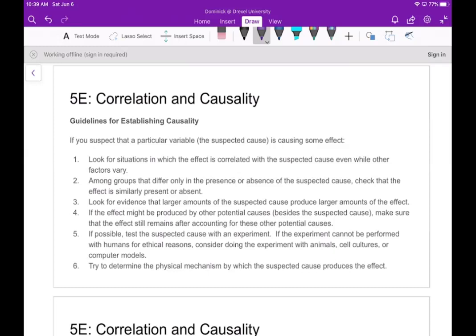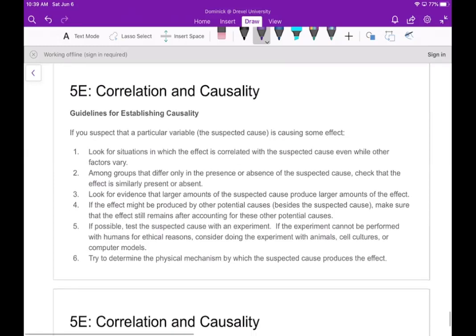Okay, three, look for evidence that larger amounts of the suspected cause produce larger amounts of the effect. Four, if the effect might be produced by other potential causes besides the cause, make sure that the effect still remains after accounting for these potential causes. Five, if it's possible, you would want to test the suspected cause with an experiment, right?